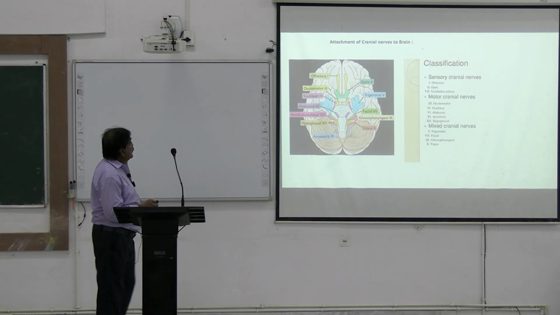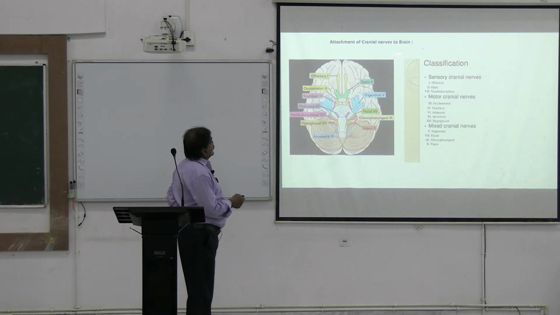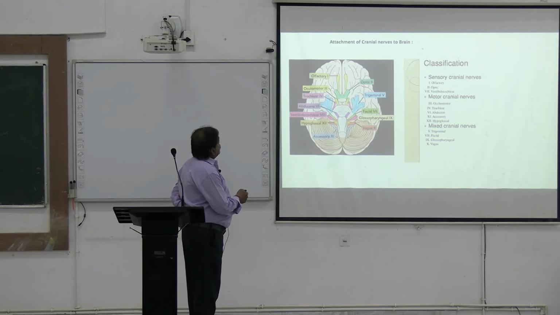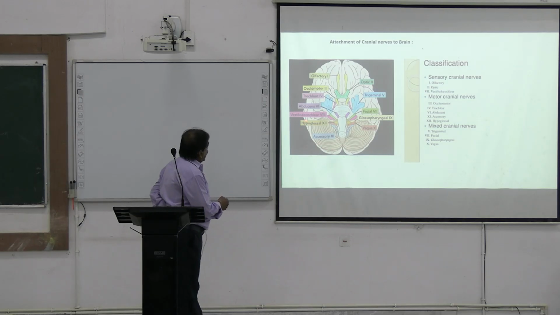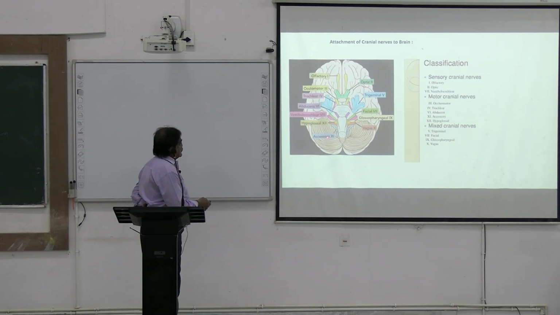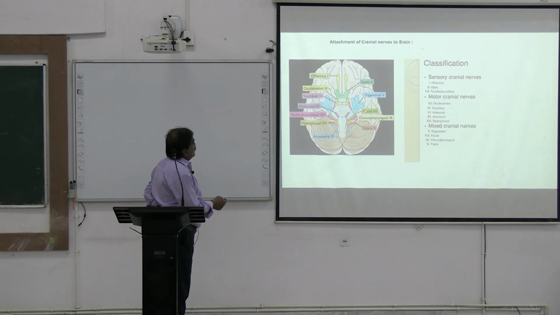Now see, attachment of the cranial nerves: olfactory, optic, oculomotor, trochlear, trigeminal, abducens, vestibulocochlear, hypoglossal nerve, accessory nerve, facial nerve, glossopharyngeal nerve, and vagus nerve.